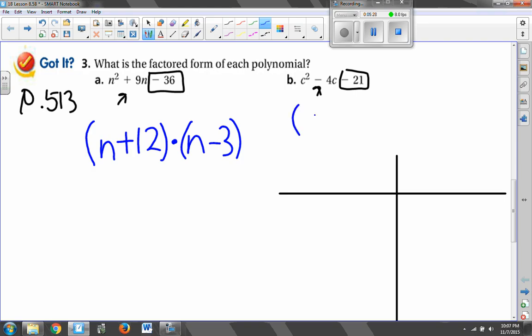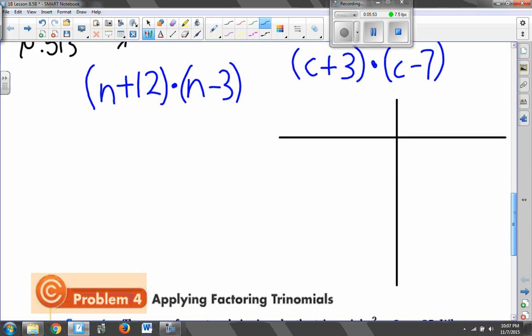In letter B, we should have c plus 3 times c minus 7. Very similar to our warm-up problems there, actually. c plus 3 and c minus 7. All right.